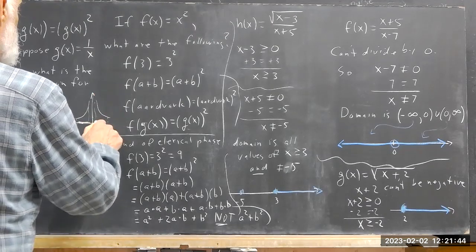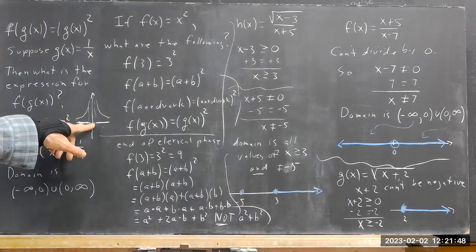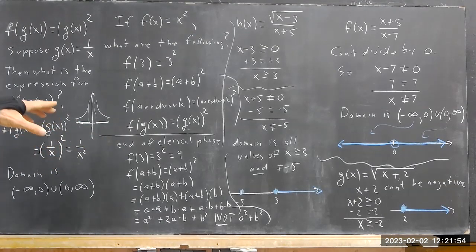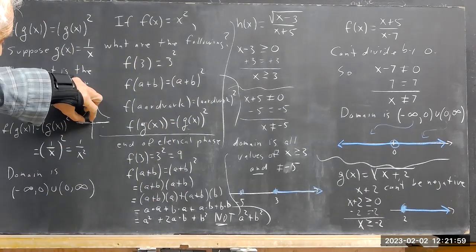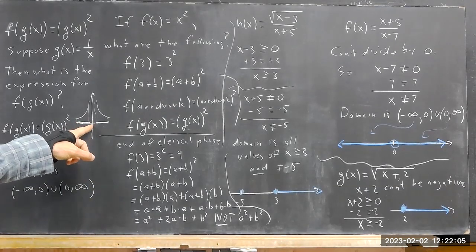Here is the domain of what I've drawn. You notice there's a hole in the domain here. Well, if we extend the domain past the basic values, we close up this interval here and we close up this interval here. But we never have a value for x equals 0.